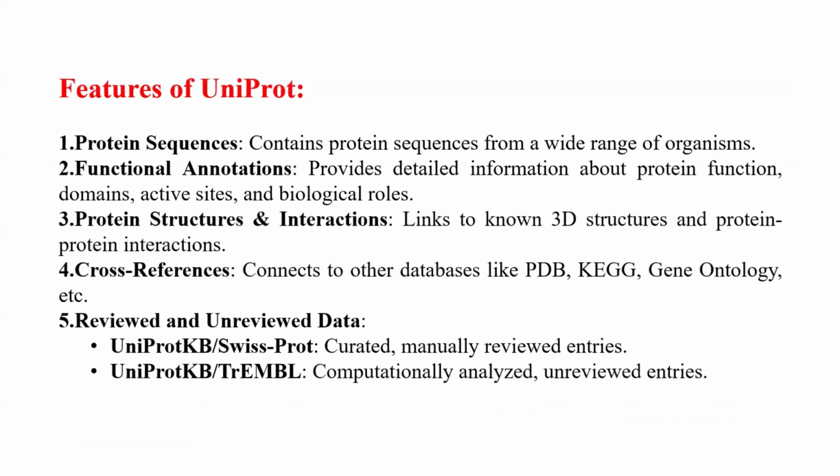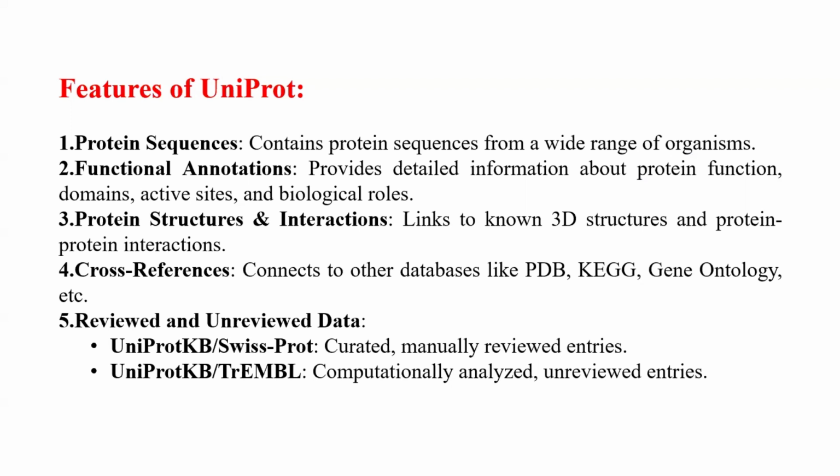So what are the general features of UniProt? UniProt is a protein sequence database that contains sequences from a wide range of organisms. The functional annotations provide detailed information about the protein function, domains, active sites, and biological roles.